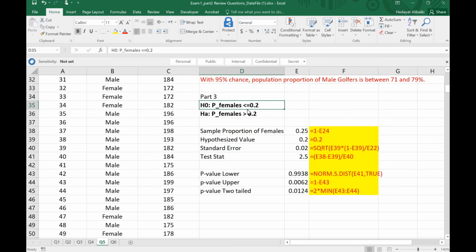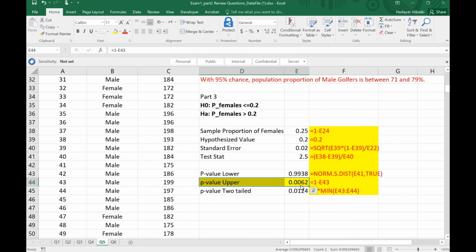If the sample proportion is significantly larger than 20%, we can go ahead and reject this statement. So we reject at the upper tail or right tail of the distribution. Therefore this would be an upper tail test, and we take the p-value upper tail.